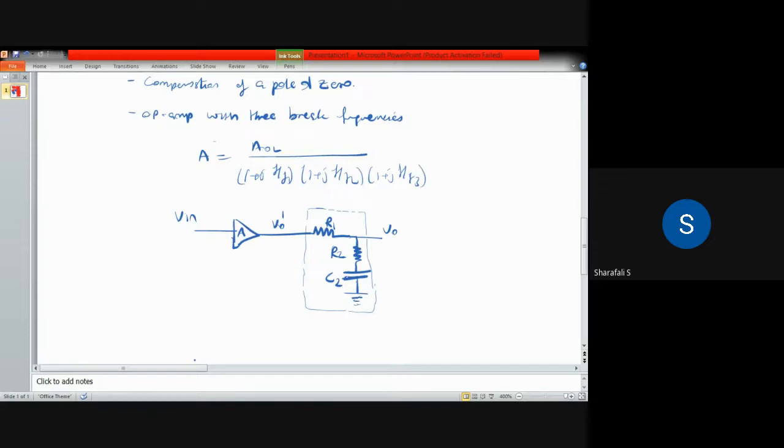Now, if you want to calculate the gain because of this network, the gain will be A1.